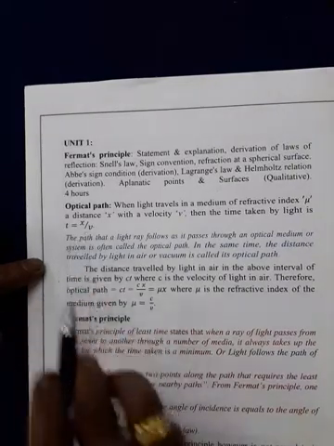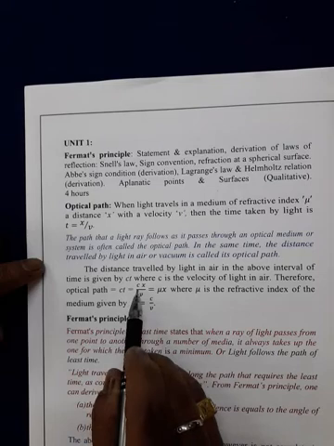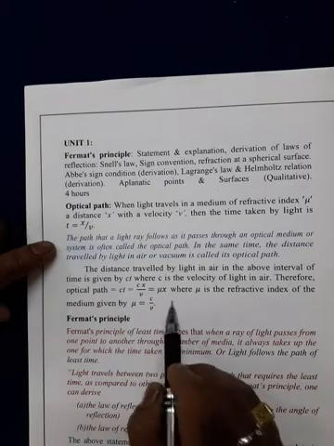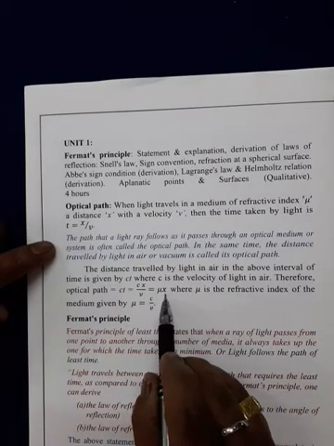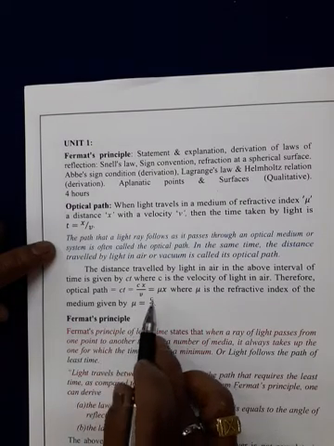Just substitute the value: ct is equal to c by v into x. That is nothing but mu of x, where mu is the refractive index of the medium given by mu equal to c by v.